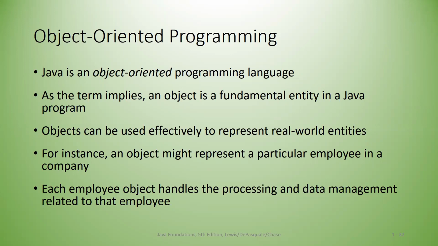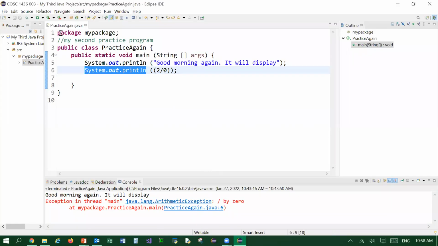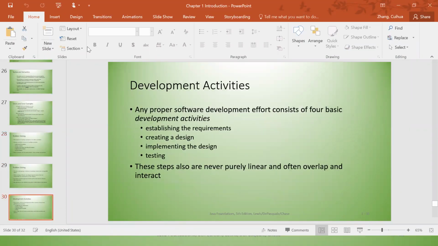When we say an object, its blueprint is a class. So everything in Java is a class, which is the blueprint for an object. That's why when you write this program, if you look at it, it's a class, right?